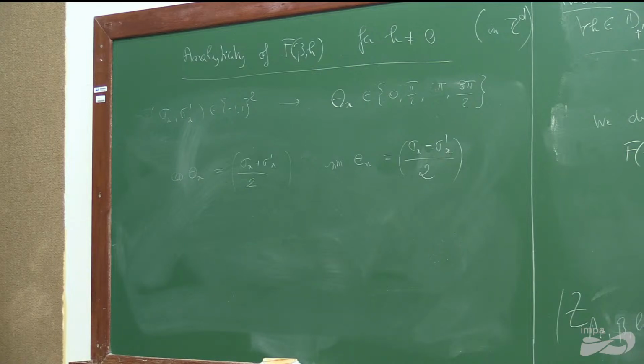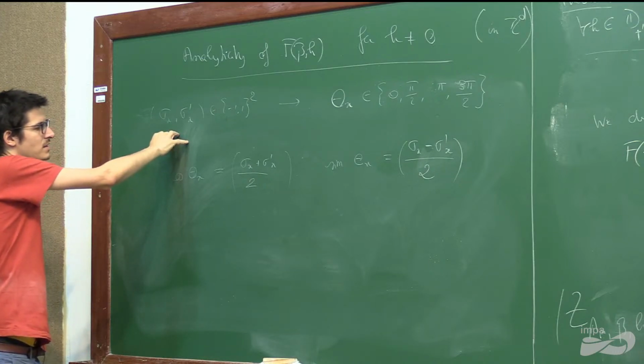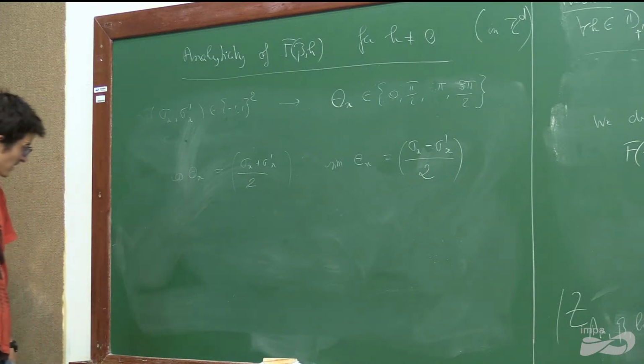Okay, and now we have to try to find how to rewrite all that appears in the exponential in terms of theta x. You can check that when the two things are equal to 1, theta x is equal to 0.